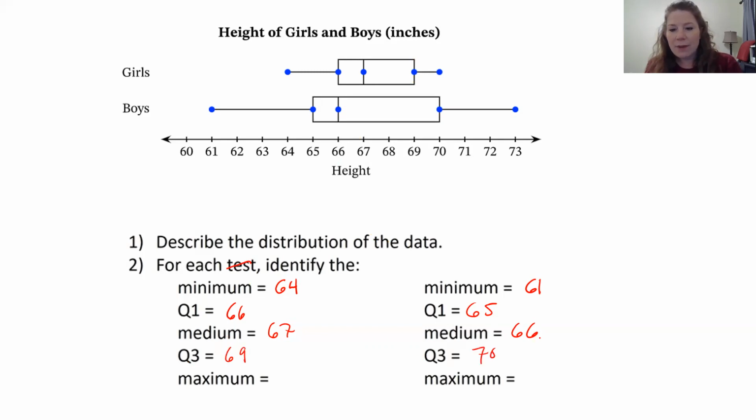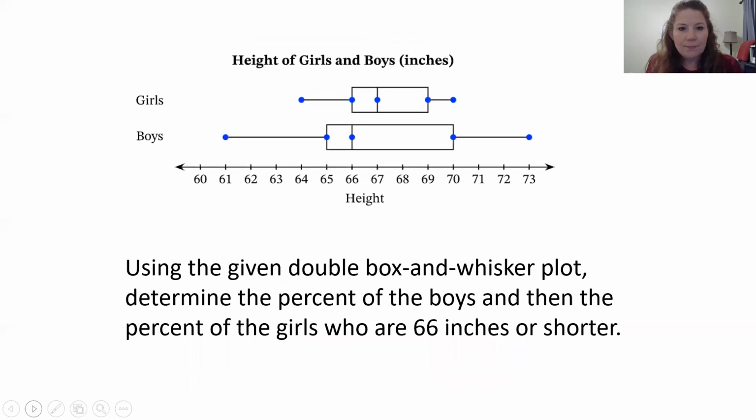So remember, 25% of our guys are between 66 and 70 inches, right? 25% of our guys are between 65 and 66 inches. That's only 1 inch difference. And then of course our tallest girl, the maximum, is 70 inches tall, but our tallest guy is 73 inches tall. All right, hopefully you guys could pause the video and answer those before I answer them.